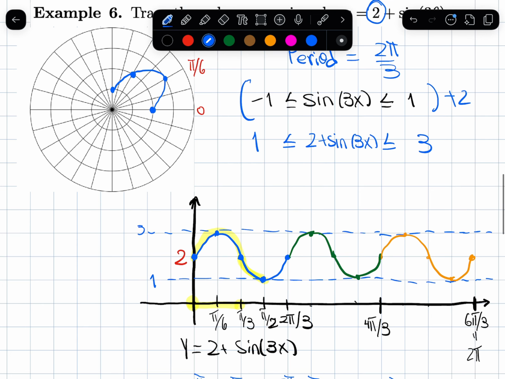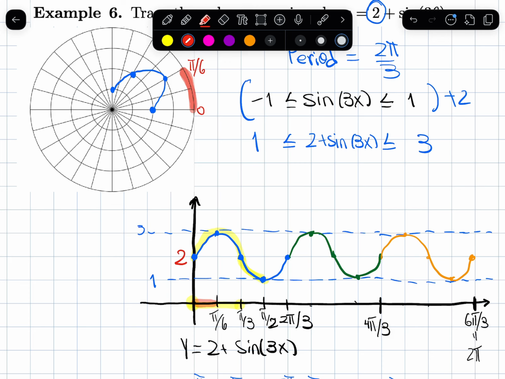And we can see now, each 2 of these corresponds to 1 of these. Just take a look. Each of those little divisions at the y equals 2 plus sine 3x is pi over 6, and so are 2 of these sectors here on the polar grid.